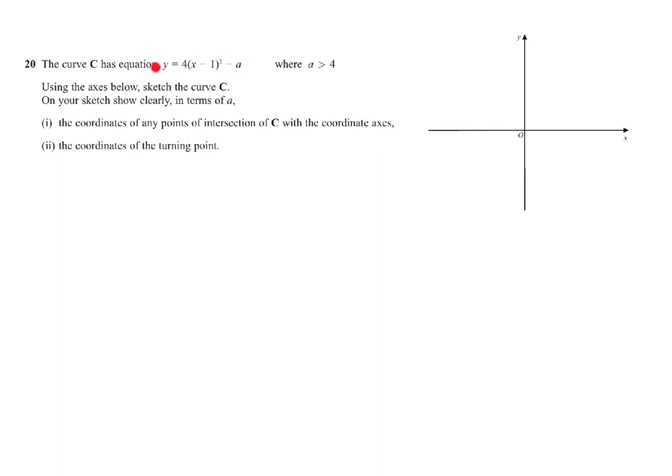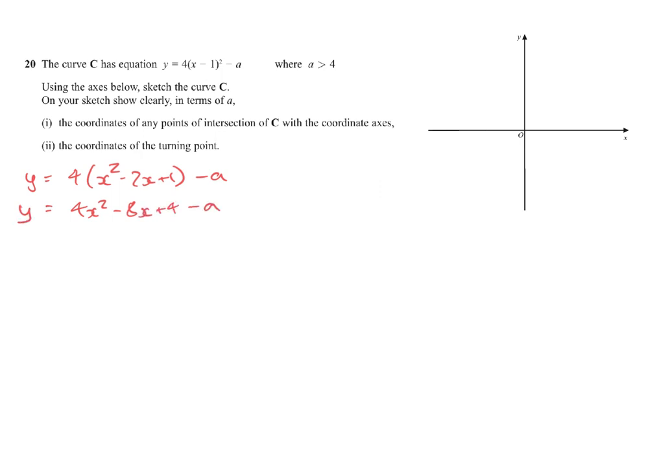And obviously this is a quadratic, so it's either a happy quadratic or a sad quadratic. Well, let's look at the shape of the quadratic first. If we were to expand our equation, we don't need to, but if we did, we'd get y equals 4 brackets x squared minus 2x plus 1 minus a, and then expanding further, 4x squared minus 8x plus 4 minus a.